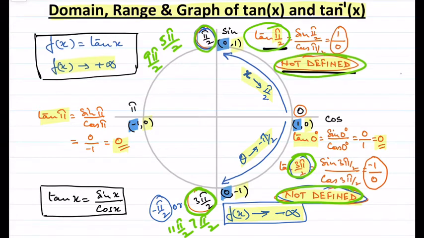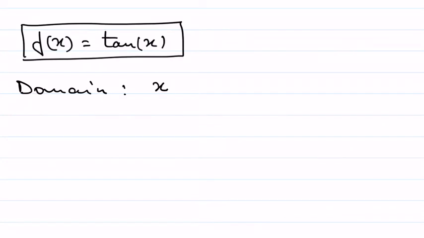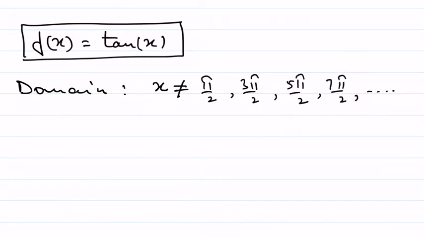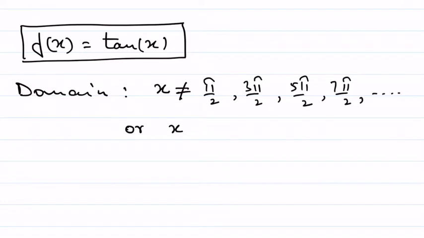So therefore in the domain, x cannot be pi by 2, 3 pi by 2, 5 pi by 2, 7 pi by 2 and so on, or we can say that x cannot be (2n plus 1) times pi by 2.